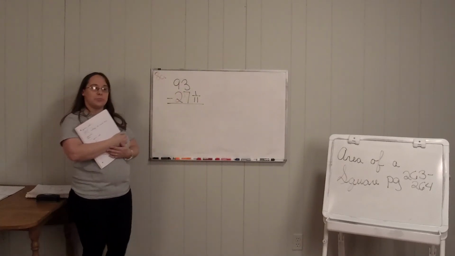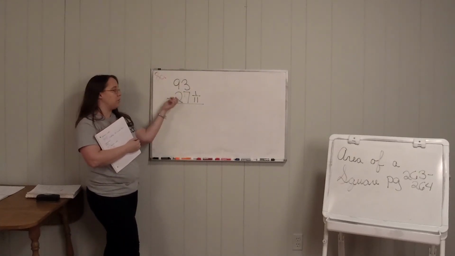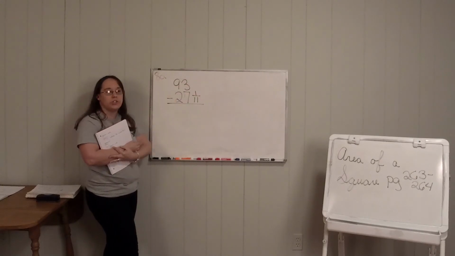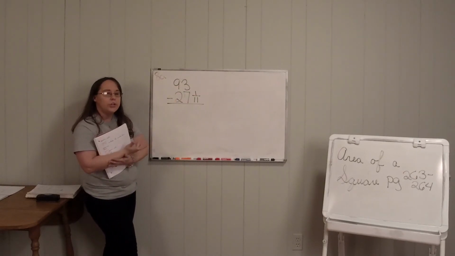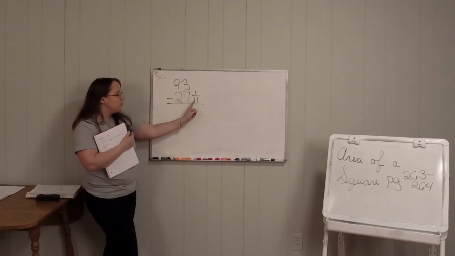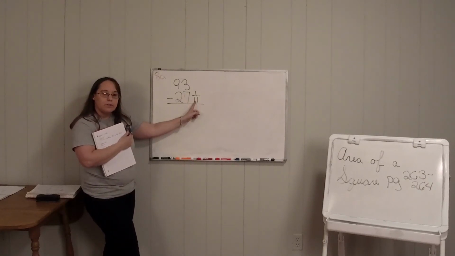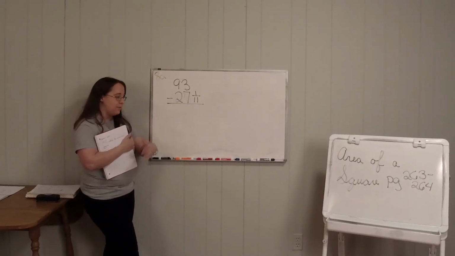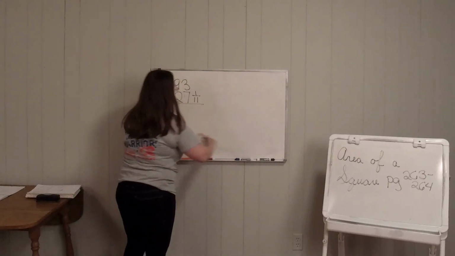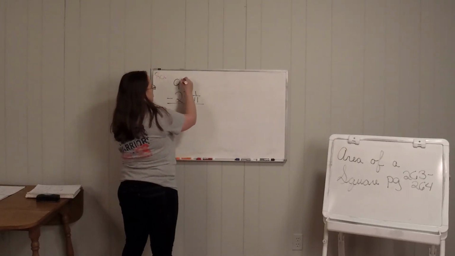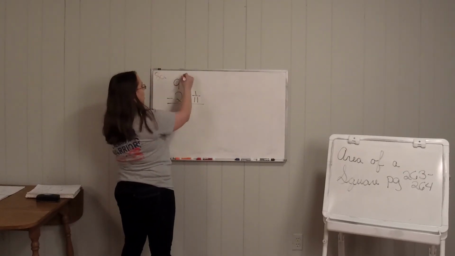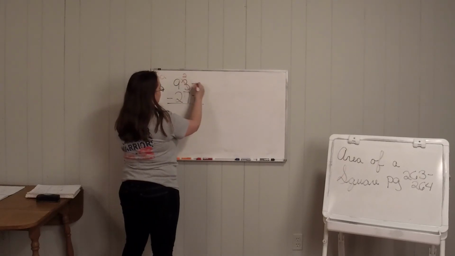Yes, your whole numbers are your big numbers on top, the little numbers on bottom, but you have no fraction over here to subtract. So what are you going to have to do? Well, what is the denominator? The denominator is the bottom number. That's 11. So you're actually going to take a whole number away to make a fraction.